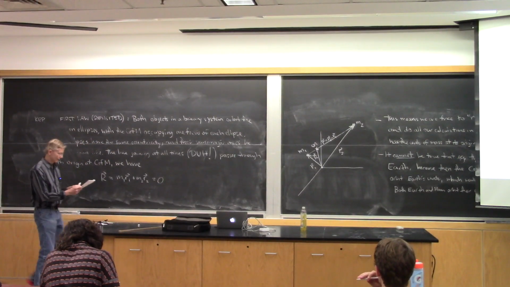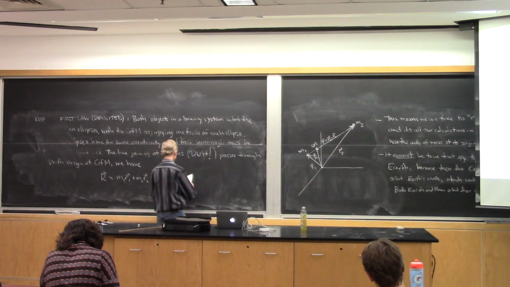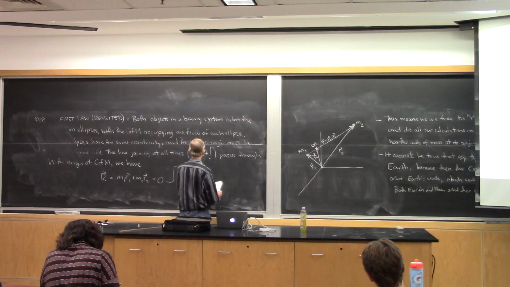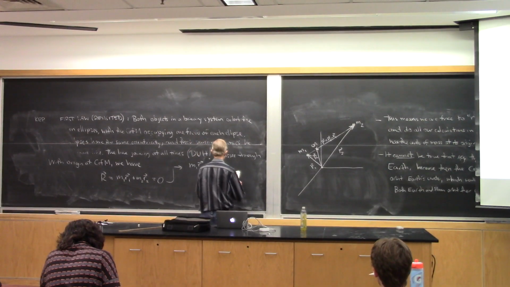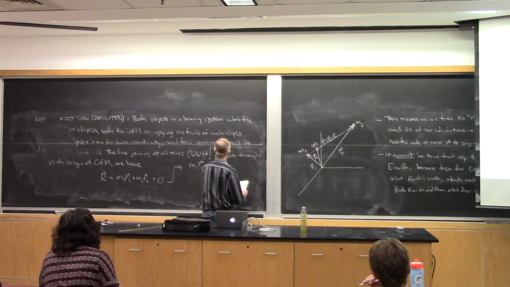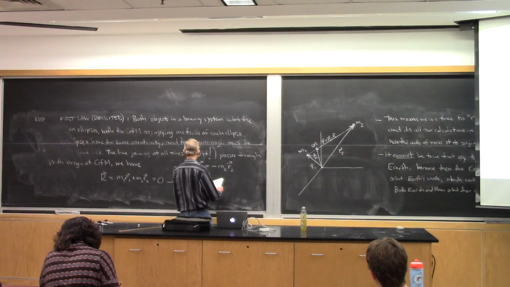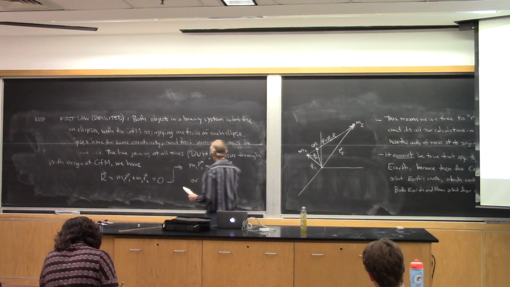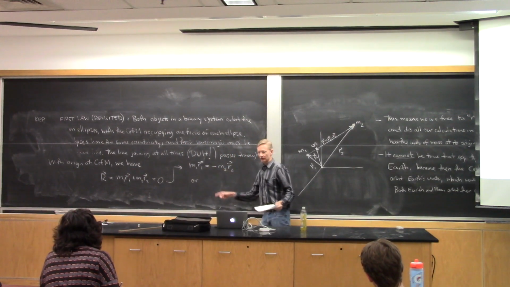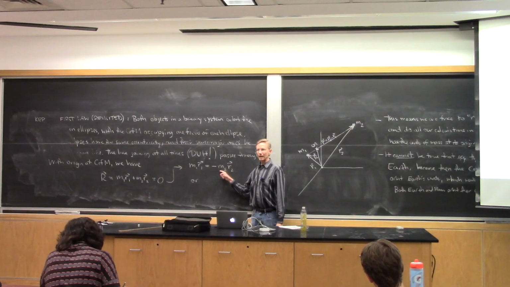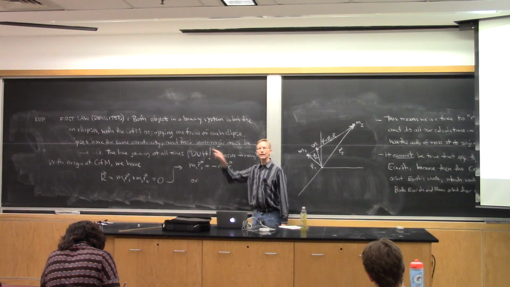Okay, so this says that m1r1 is equal to minus m2r2. One thing to note here is that, relative to the center of mass, they're on opposite sides of the center of mass. This minus sign says they're on opposite sides of one another.